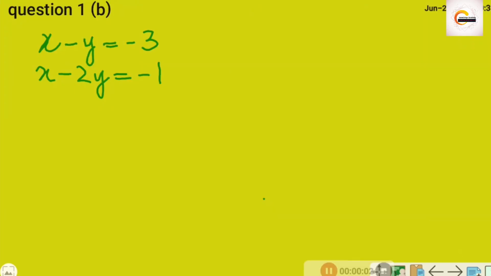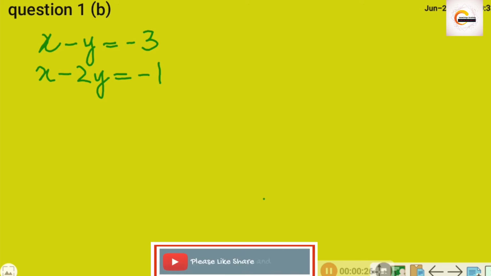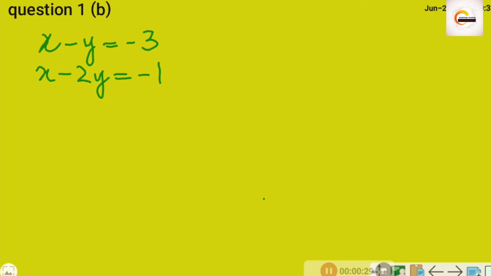Okay. Now question number 1b. Before question number 1b, I explained how to solve simultaneous equations when one variable has a coefficient and the other variable, the y variable, does not have any coefficient. The coefficient is 1 only. Now here in question number 1b, as we can see, the x variable has no coefficient, but the y variable has. First, let's call this equation a.